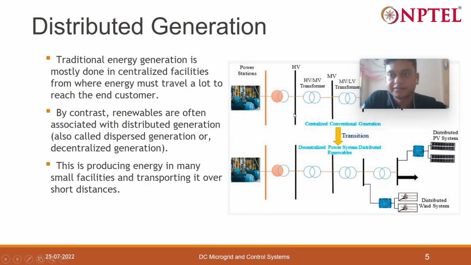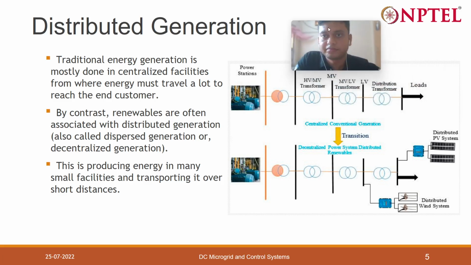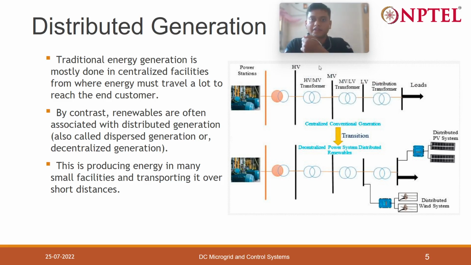Here you can see the traditional power system, in which we have a centralized power system, most generally a coal based plant, and we transmit power by converting this lower level voltage into a higher level voltage, and then transmit it through the transmission line, and again for distributing to the industries or big consumers.